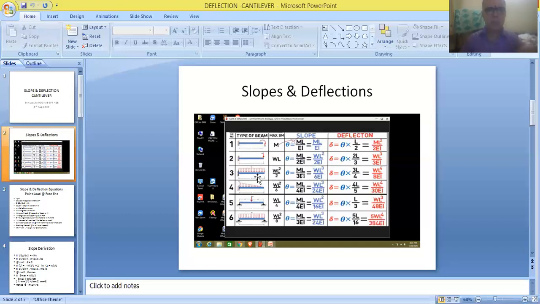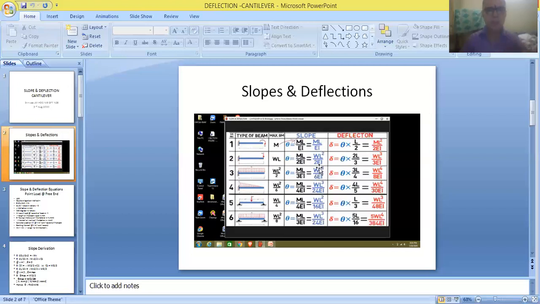Both figures indicate the position of the cantilever, but a point load is acting on this cantilever and a UDL is acting on this cantilever. So we are getting different formulas for different loads acting on the cantilever.